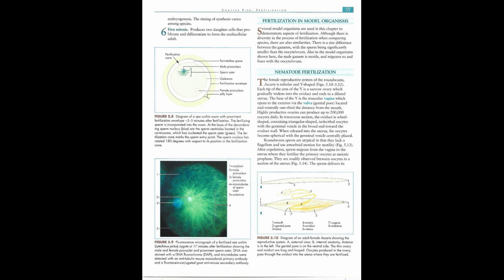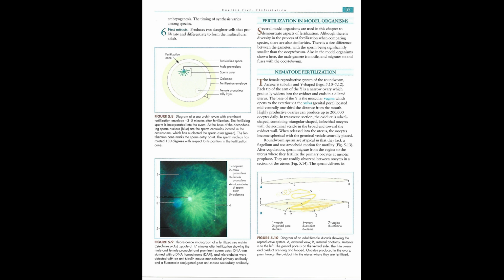Although there is diversity in the process of fertilization when comparing species, there are also similarities. There is a size difference between the gametes, with the sperm being significantly smaller than the oocyte/ovum. Also, in the model organisms shown here, the male gamete is motile, and migrates to and fuses with the oocyte/ovum.